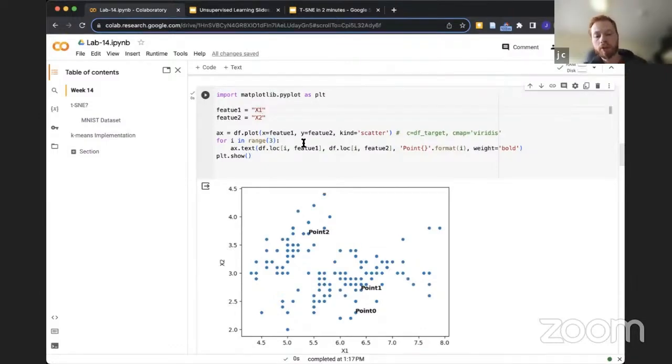What about 1 and 0? Are 1 and 0 in the same cluster? Okay, yes, it definitely looks like it. I agree with that. From this data, I would say so. Let's take a look at 3 and 4, dimensions 3 and 4.